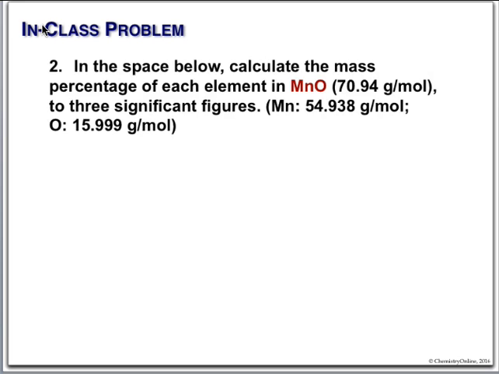All right, we're doing mass percentage here. Very simple compound. It's just manganese 2 oxide. Manganese is a transition metal, so we have to use the 2. But this works, manganese 2. This is the molar mass, 70.94 grams per mole. And we're given, and you can look it up on the periodic table, but here's manganese and here's oxygen.